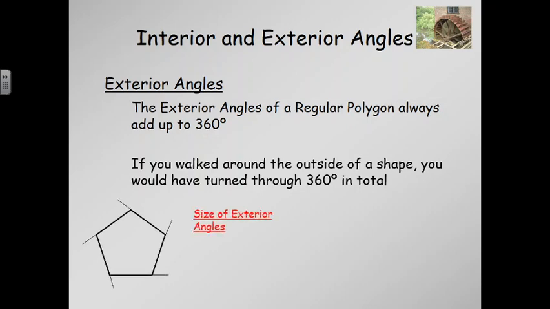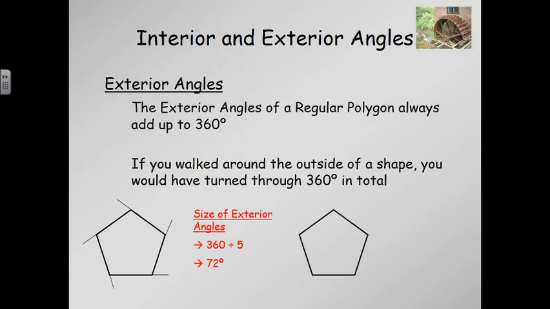So one way of finding out the size of an exterior angle would be to divide 360 by the number of angles. So in this case, 360 divided by 5, which means an exterior angle would be 72 degrees.